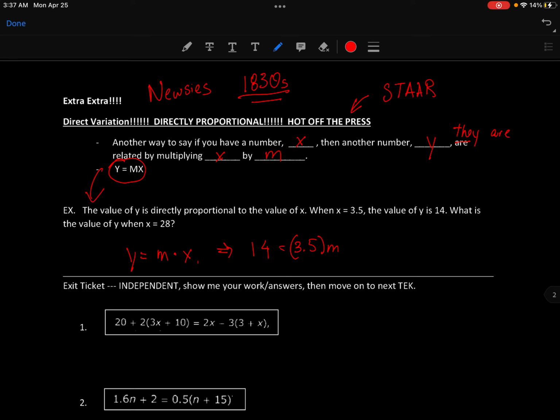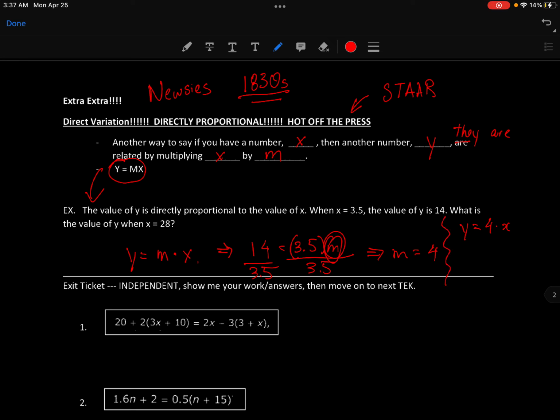So this is a step where first you have to solve for m. How do I do that? Isolate the variable. Divide both sides by 3.5. And you're left with m is equal to 4. So the relationship that y and x have is that y is always 4 times x.